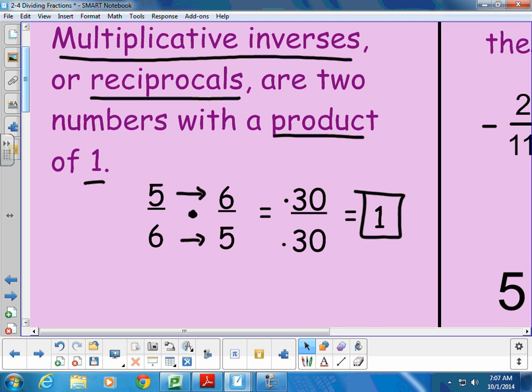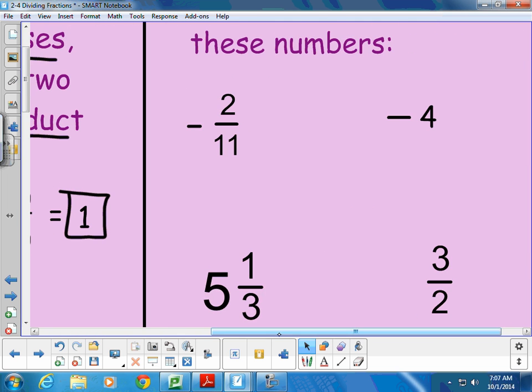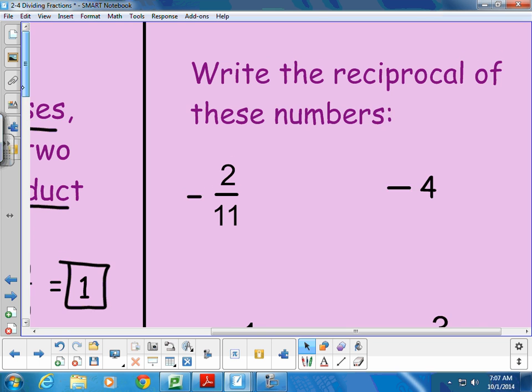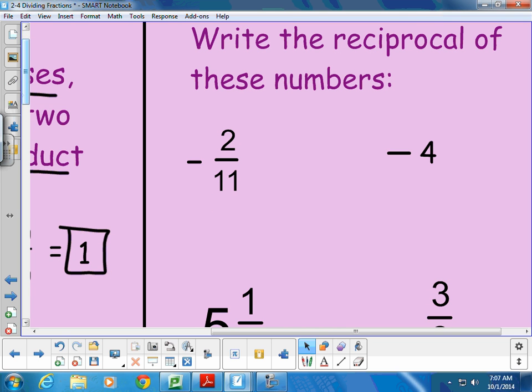So we're going to look at a couple examples, and you're going to try to figure out what is the reciprocal or the multiplicative inverse of these numbers. So really I'm asking myself, what number can I multiply this number by to end up with a value of 1? Well, we know that a fraction with a numerator and denominator that are the same simplifies to 1.